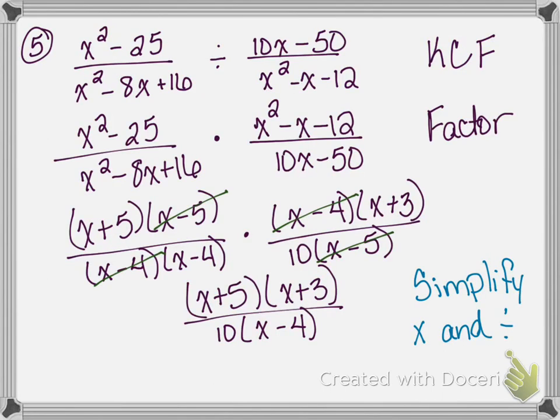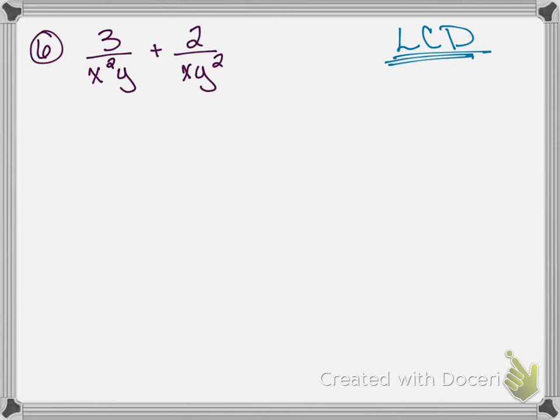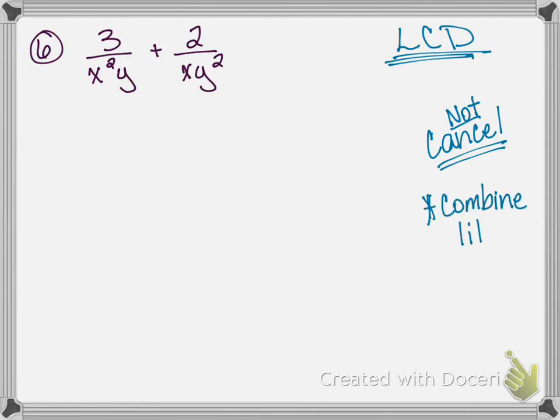You cancel a lot with multiplication and division. With addition and subtraction, you're not. Every once in a while you will. You are not going to cross cancel or cancel from the numerator and the denominator. You might combine like terms in the numerator.